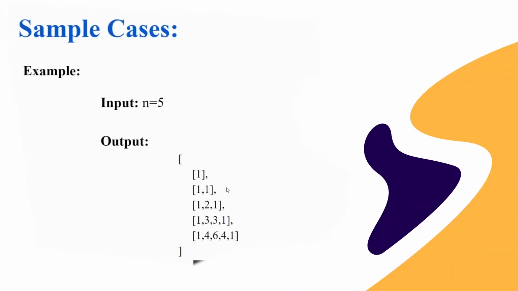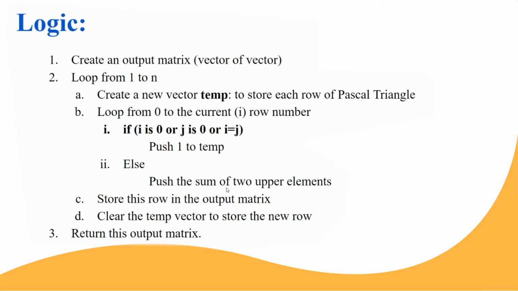Okay, so let's understand the logic. The logic is we need to create an output matrix. A matrix is just a vector of vectors. So we will first create a vector of vectors, then we will loop from 1 to n, where the loop is for the row number.